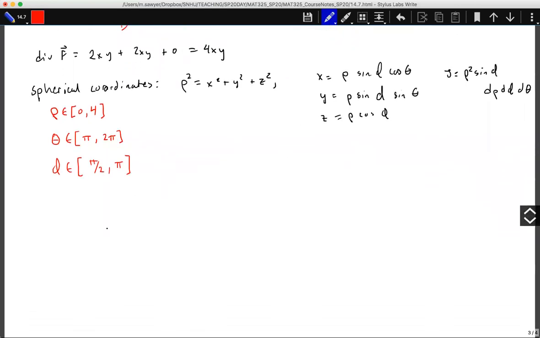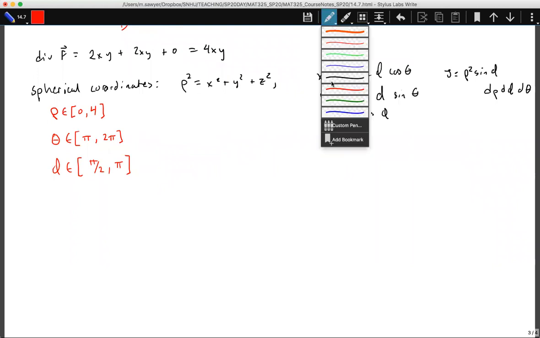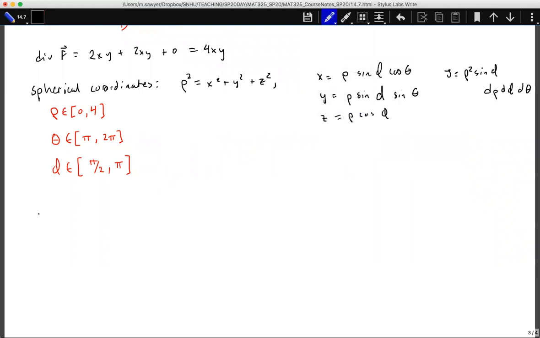So for our divergence theorem, we have our coordinate system set up. So all we need to do is evaluate the integral. So we have pi to 2 pi, pi over 2 to pi, 0 to 4, that's our domain. And then 4 rho sine phi cosine theta, that's our x component, and our y component, rho sine phi sine theta.